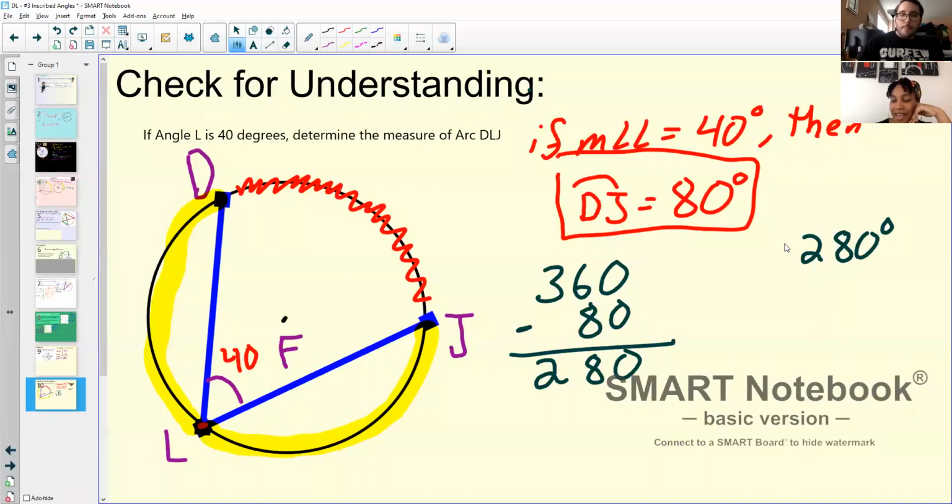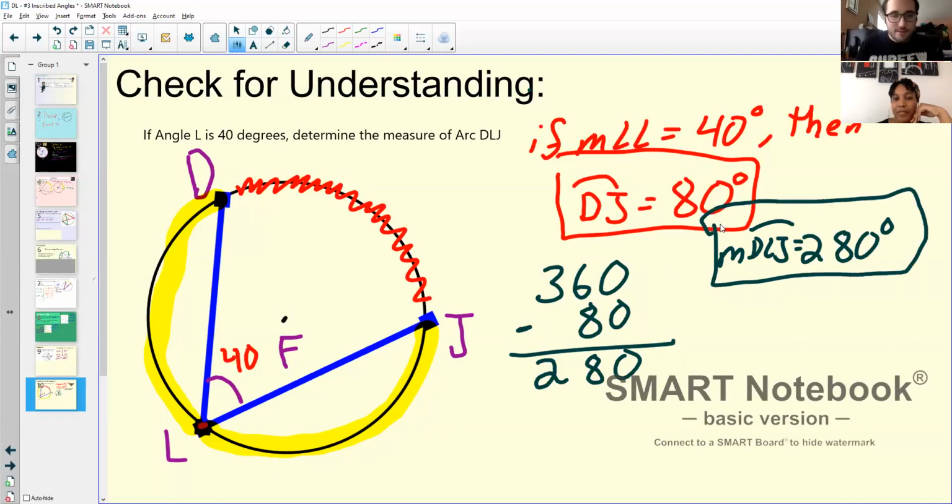Yes, measure of arc DLJ. So the measure of arc DLJ is 280 degrees. Because you got to answer the question that they're asking you to answer. Yes, you got to put the arc. So if they ask you to determine this, your answer must be that. They're very particular with how you answer your questions.